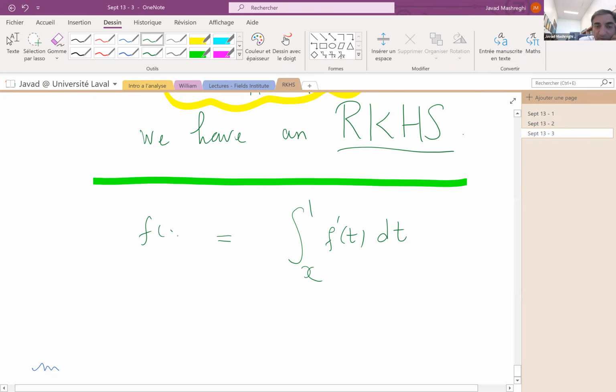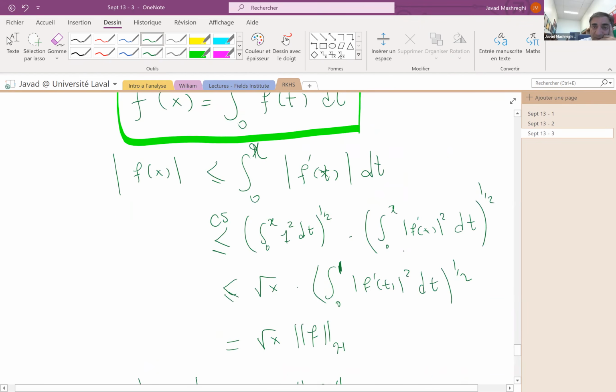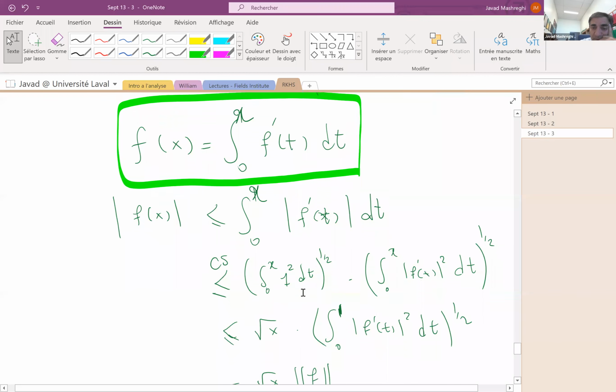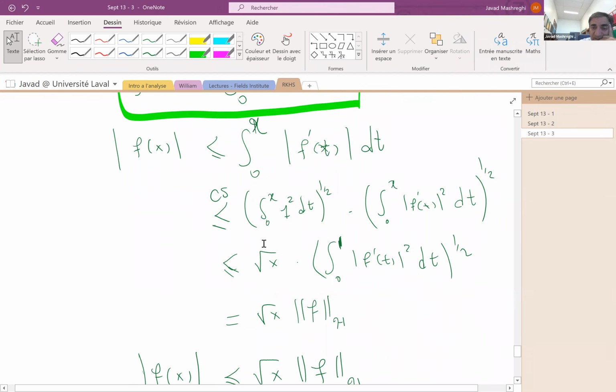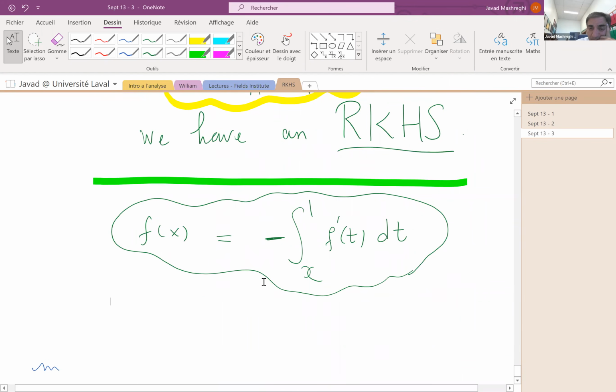I can write f of x is equal to minus this. That's another formula for f. And if I do the same calculation I did here, I mean, take the absolute value inside, then apply Cauchy-Schwarz, what do I obtain here instead of root x? You see that?